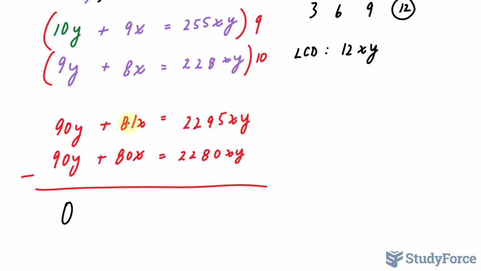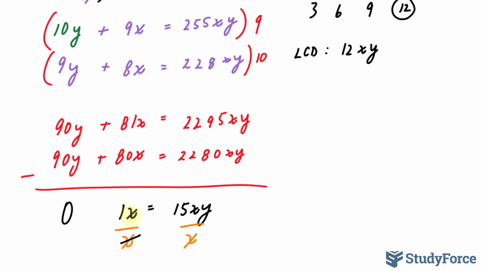This becomes 0. 81 minus 80 is 1x. And 2,295xy minus 2,280xy gives us 15xy. You'll notice that in the left side of this equation and the right side of this equation, both have an x. So if I divided both sides by x, I would end up eliminating one of the x's.